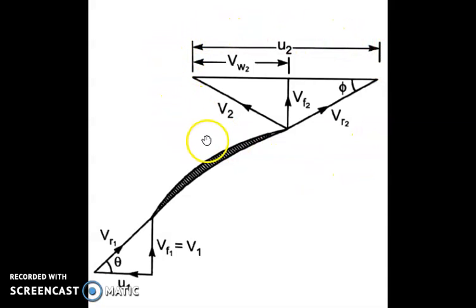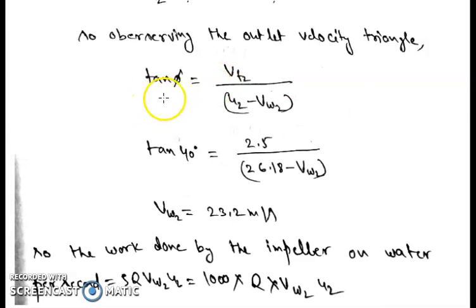In this diagram, we can observe that tan phi is equal to Vf2 divided by U2 minus VW2.